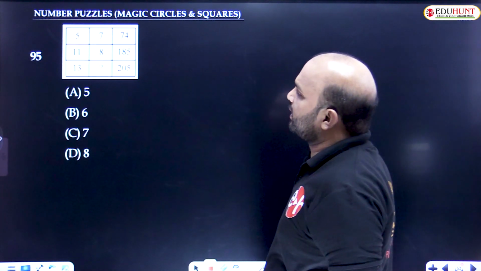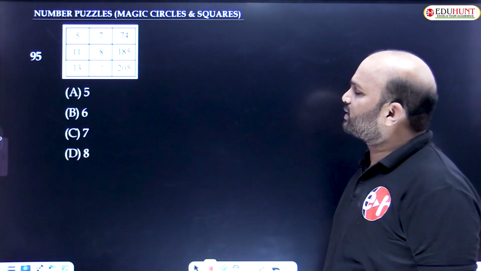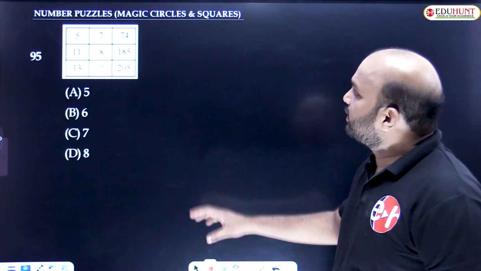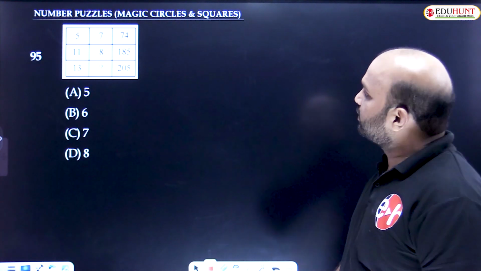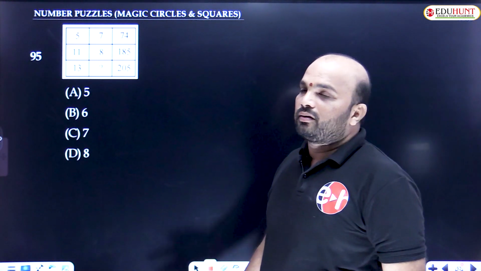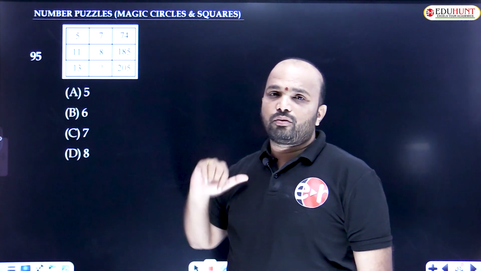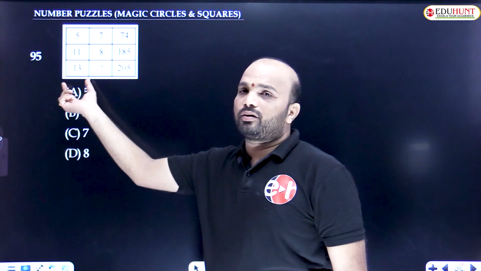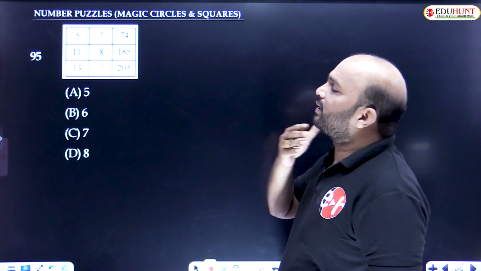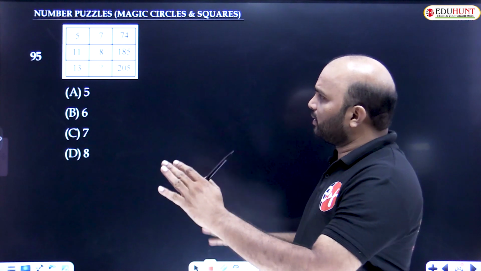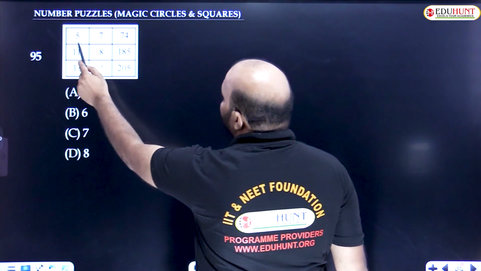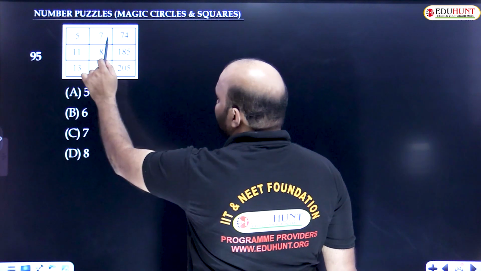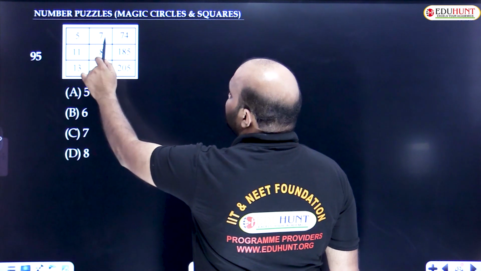Let's go to question number 95. What should come in the place of question mark in that magic square box? The question mark is in the second box of row 3. Here also we follow the clue depending on the row. In row 1 the numbers given are 5, 7, 74.